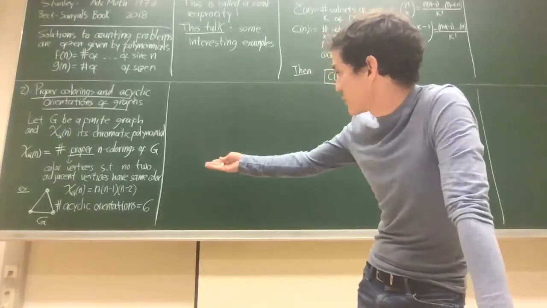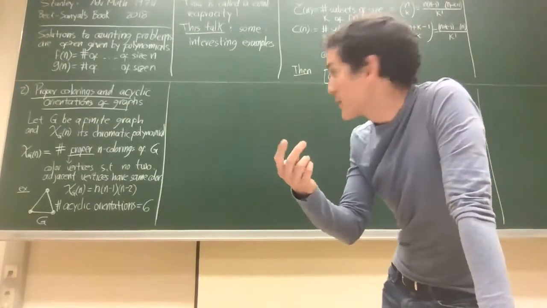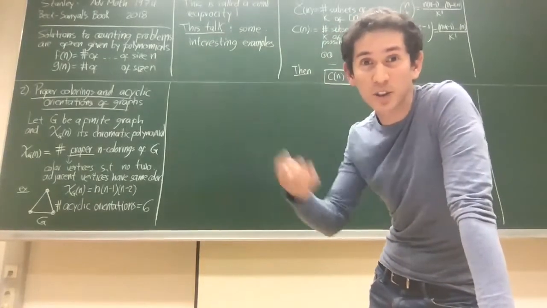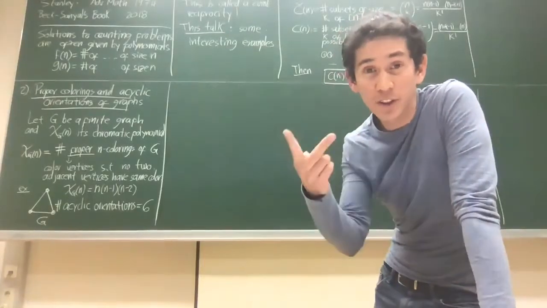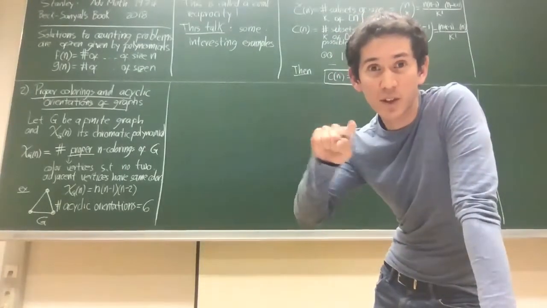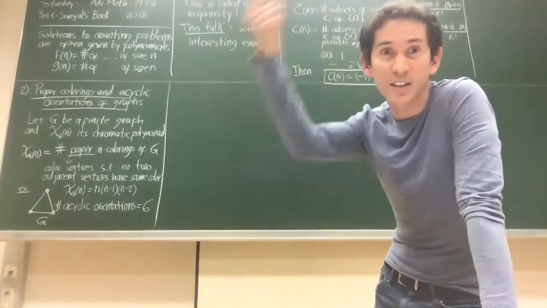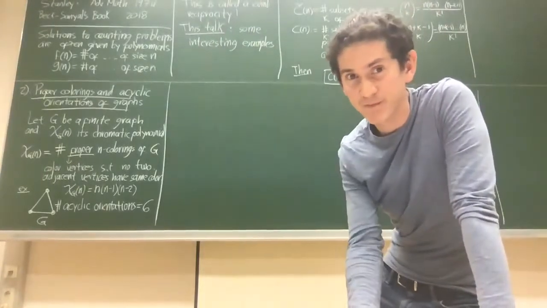In this case, you can orient each edge in 2 possible ways. So in total you have 2 times 2 times 2, so 8 possible orientations, and 2 of them will contain cycles: the one where the edges are oriented in one direction around the triangle, and the other where all the edges are oriented in the other direction. So in total, there are 6. Okay?